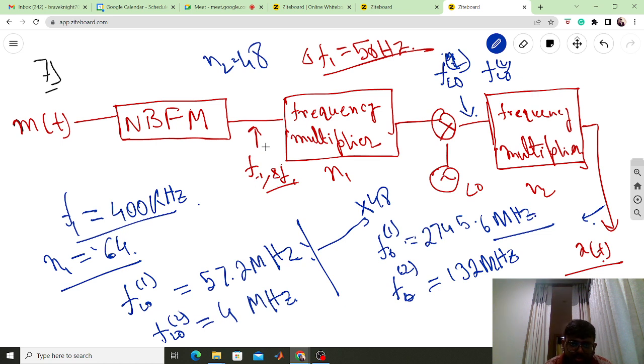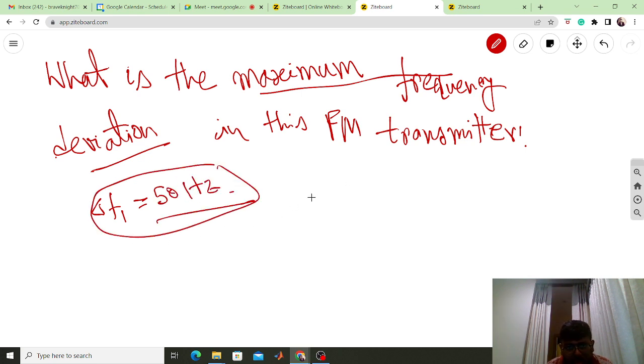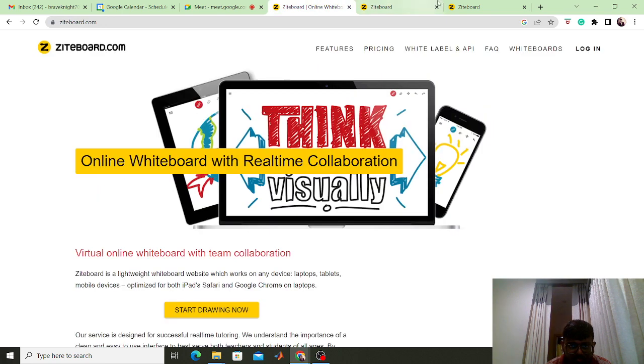So the variation before these two frequency multiplier here, del f1 was 50 Hz, right? So after it goes through the first frequency multiplier, it becomes n1 del f1, the variation here.